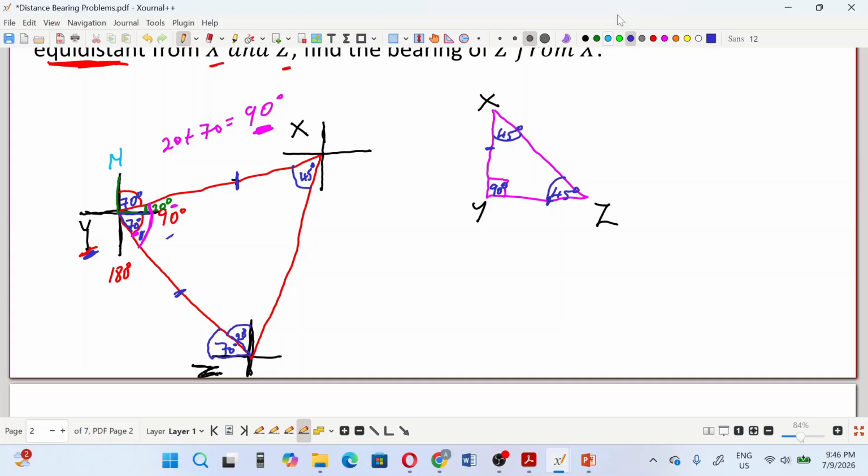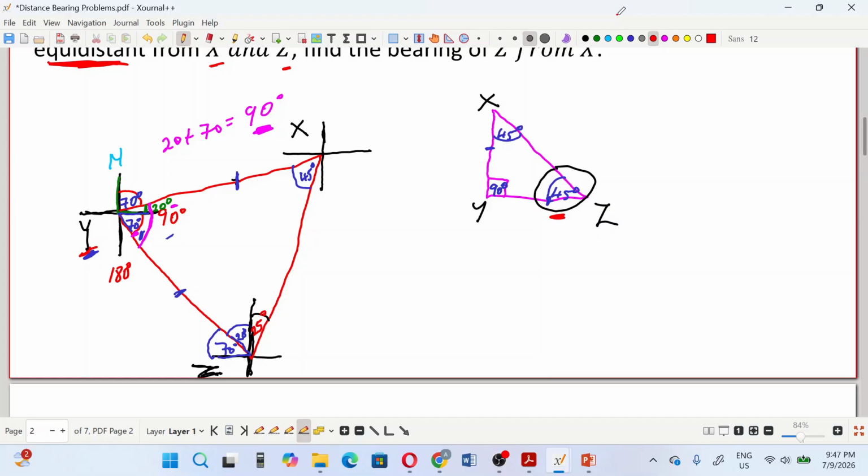We've already established from here that the whole of that is supposed to be 45. So 20 has been taken out of it, meaning the remaining part here is 25 degrees. If this is 25 plus 20, the whole of that is 45, which confirms this, right?